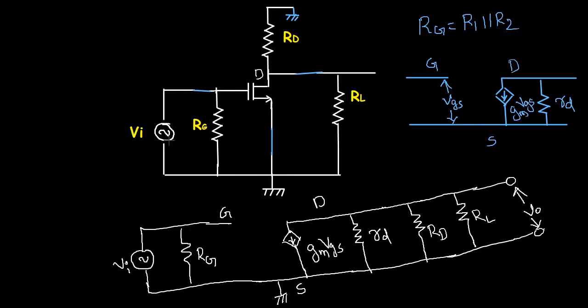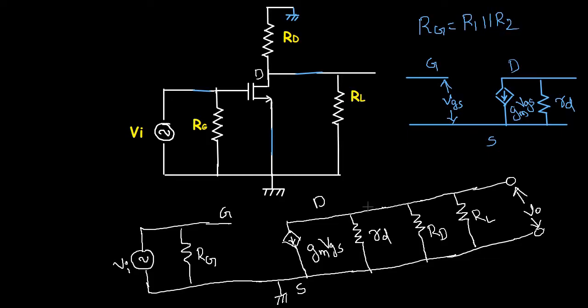First we have to draw the AC equivalent model of this circuit. Then we replace this MOS transistor by its small signal model. First I draw Vi, then Rg, then the transistor comes. We replace this transistor by its small signal model, that is the gate, source, gm into VGS, and rd.